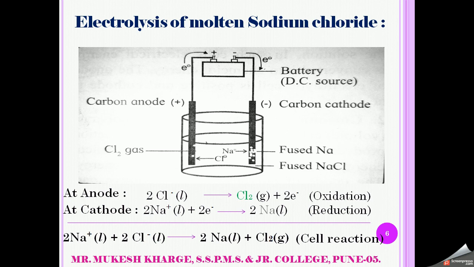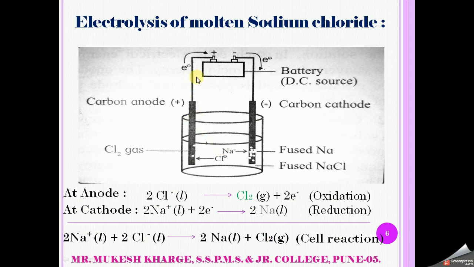If you see the diagram, in one jar fused NaCl is placed. Then there are two electrodes, made from carbon or graphite, placed in that jar.